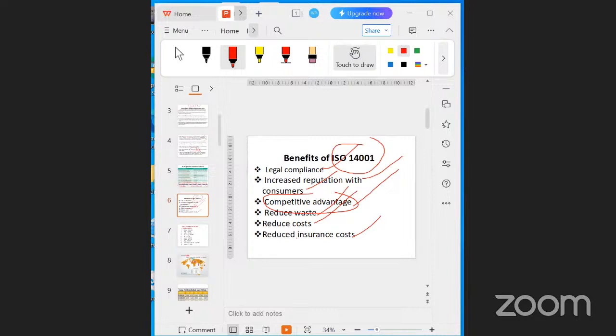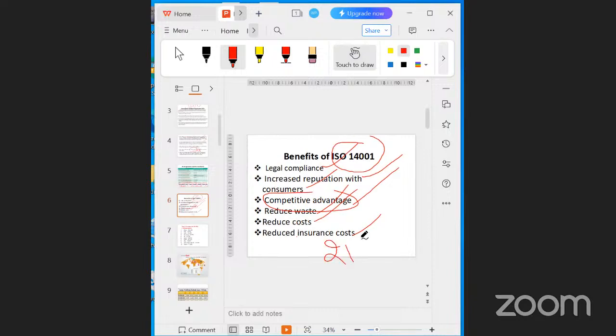With more and more businesses getting certified, in 2018, 11,201 certificates were issued in the United Kingdom alone, not worldwide, only the UK. So it's important that your organization does not fall behind.